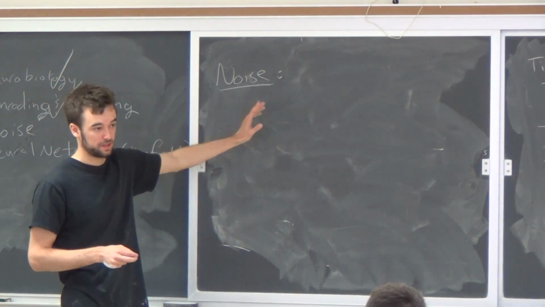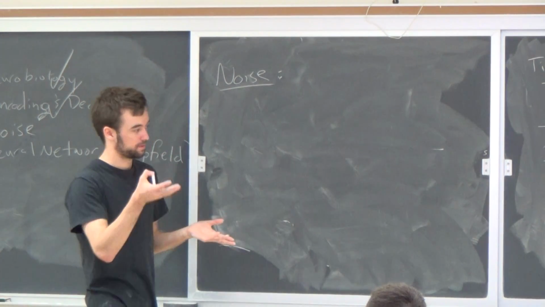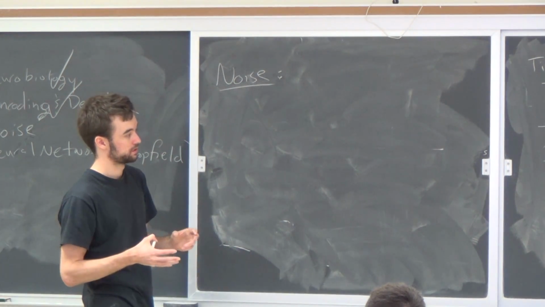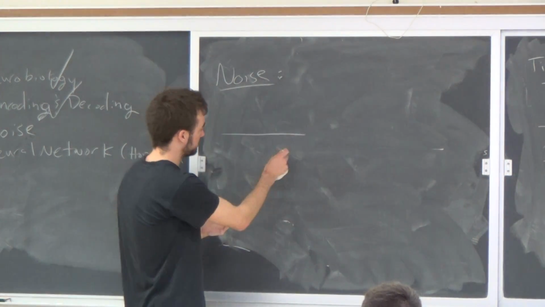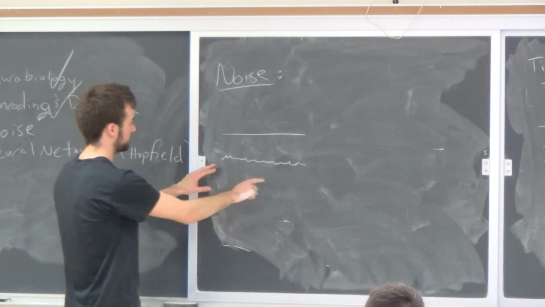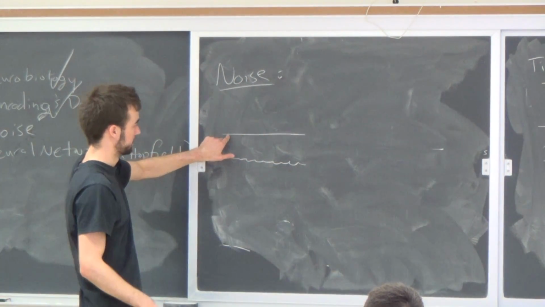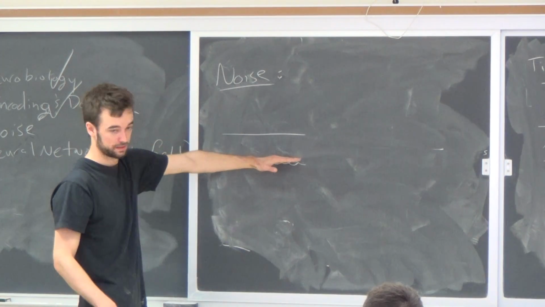So most of the time, noise is not helpful. We've been talking about signals in terms of audio, but you can also imagine that if you have a line, the noise might disrupt the straightness of it.